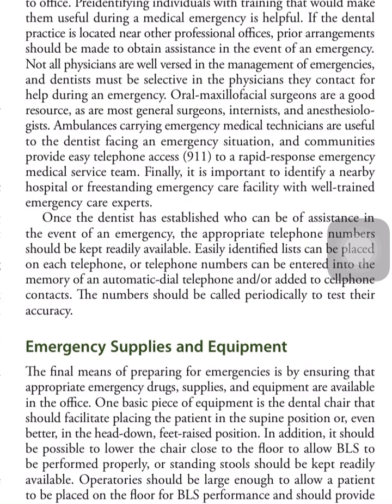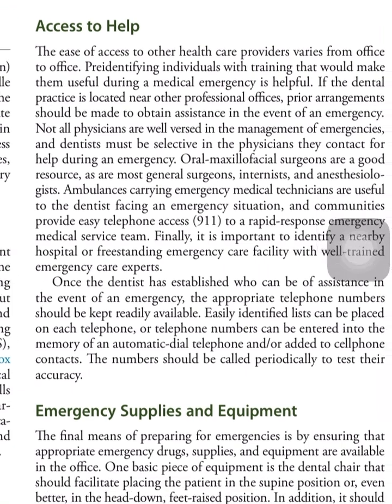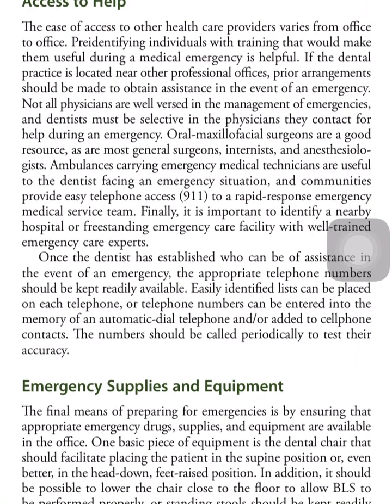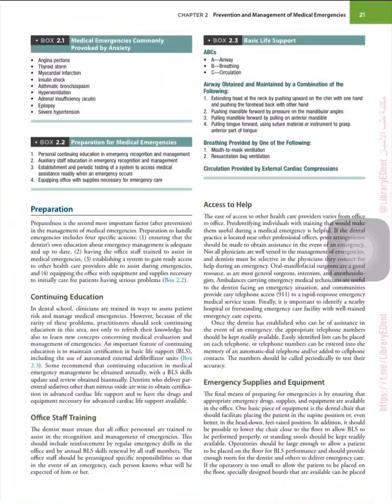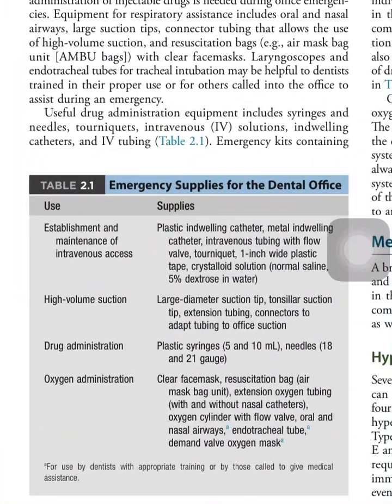We should have rescue tools: mouth to mask ventilation, bag valve mask, and suction, plus a BP monitor and stethoscope. The dental chair should be flexible enough to let the patient lie down flat.